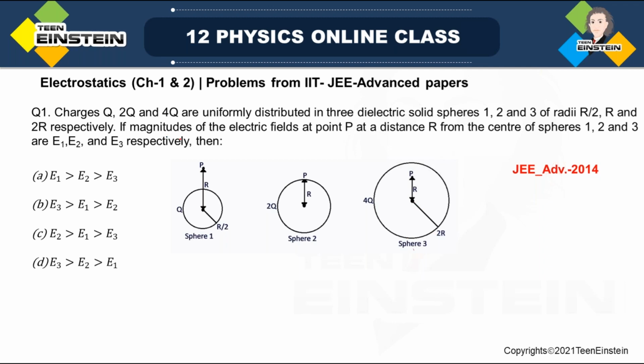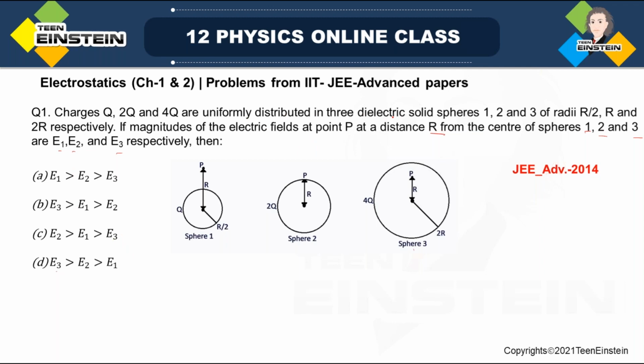Now the question is, if the magnitudes of the electric fields at point P at a distance r from the centers of spheres 1, 2 and 3 are E1, E2 and E3 respectively, which among these four options is correct? That you have to find out.